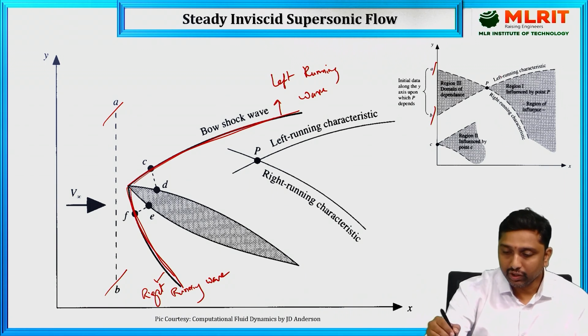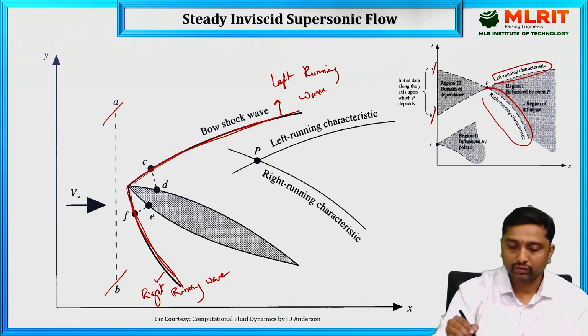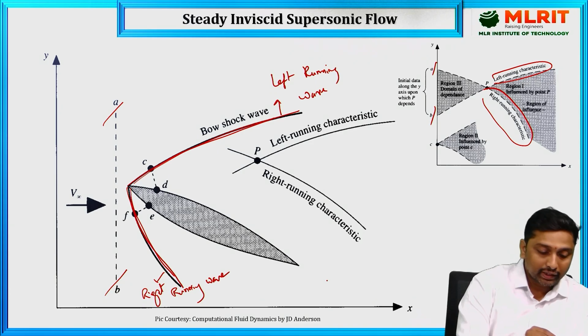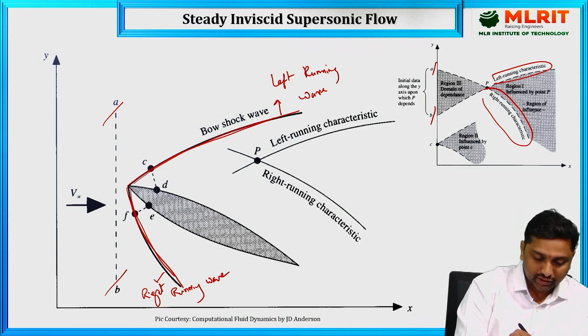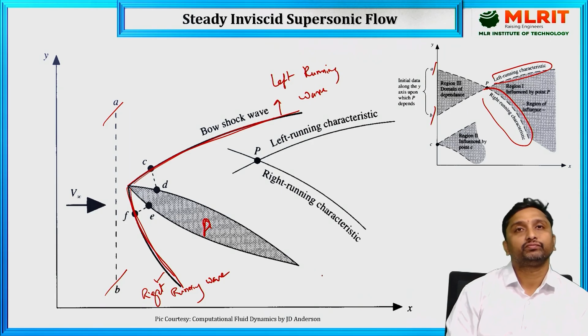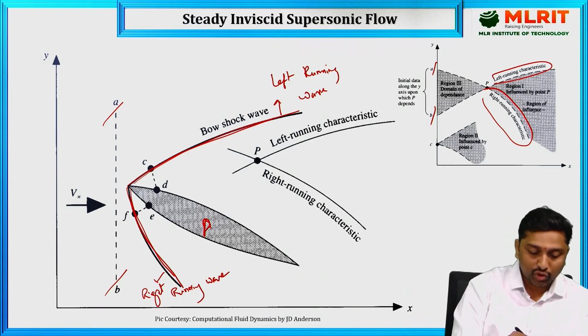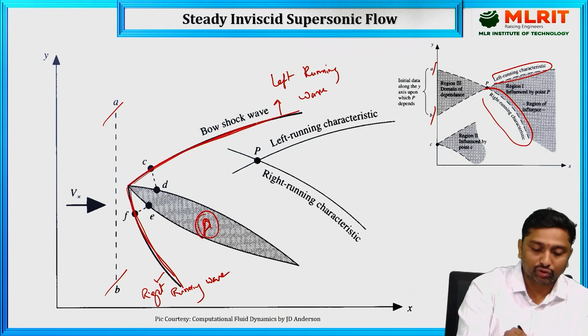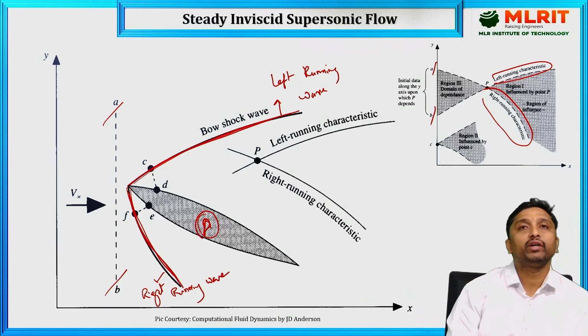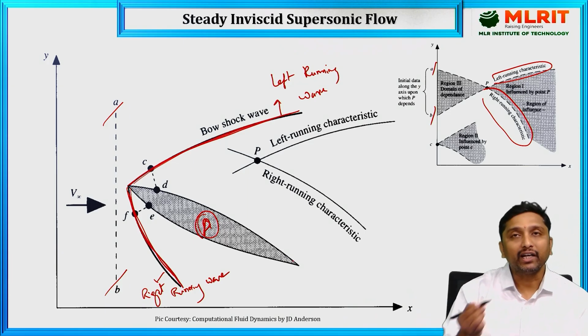So is it similar to something we have discussed here? The region that is the presence of this airfoil itself is nothing but your point P, which is the disturbance. Because of the presence of the airfoil, you can see the formation of a shock wave, and this shock wave is nothing but the characteristic curve for the given flow field.